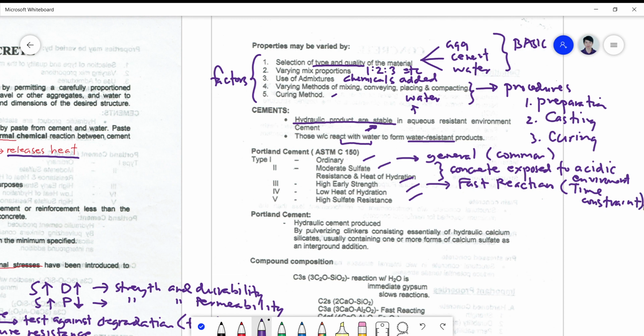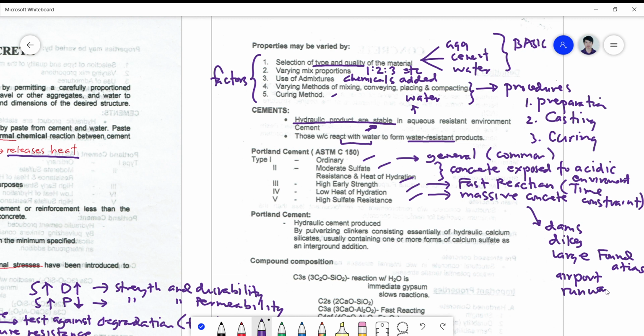For low heat of hydration, you normally use this on massive construction, like dams, dikes, large foundations, airport runways.